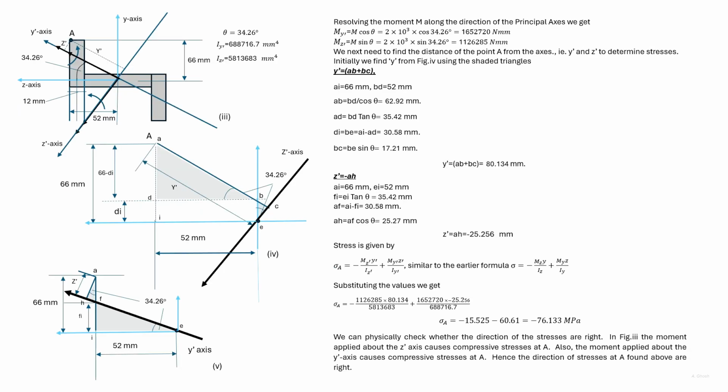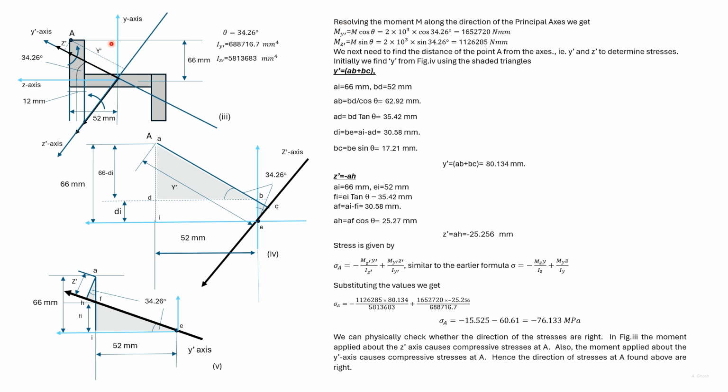Till now, we have found out the axis y dash and the axis z dash for which the product of inertia is 0. So we have found out the angle theta. We have also found out Iy dash and Iz dash.